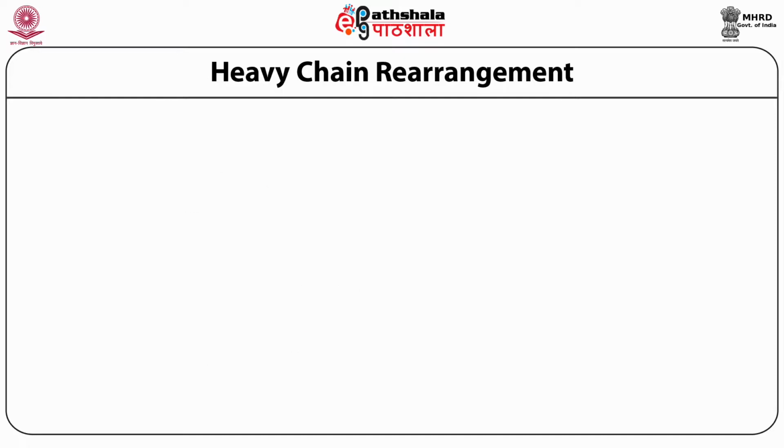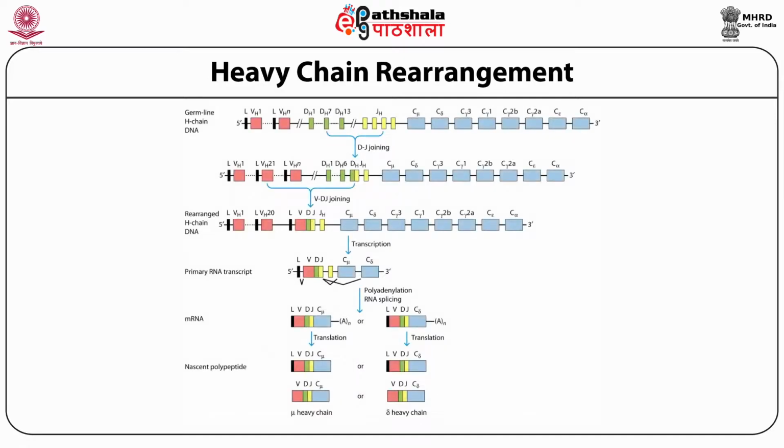Similarly, in the germline, the heavy chain rearrangement also takes place exactly as you see in the light chain, except here there is one diversity gene. So this heavy chain is made up of three gene segments: the variable region, diversity, and joining. This is followed by the constant region. How does this random selection take place?